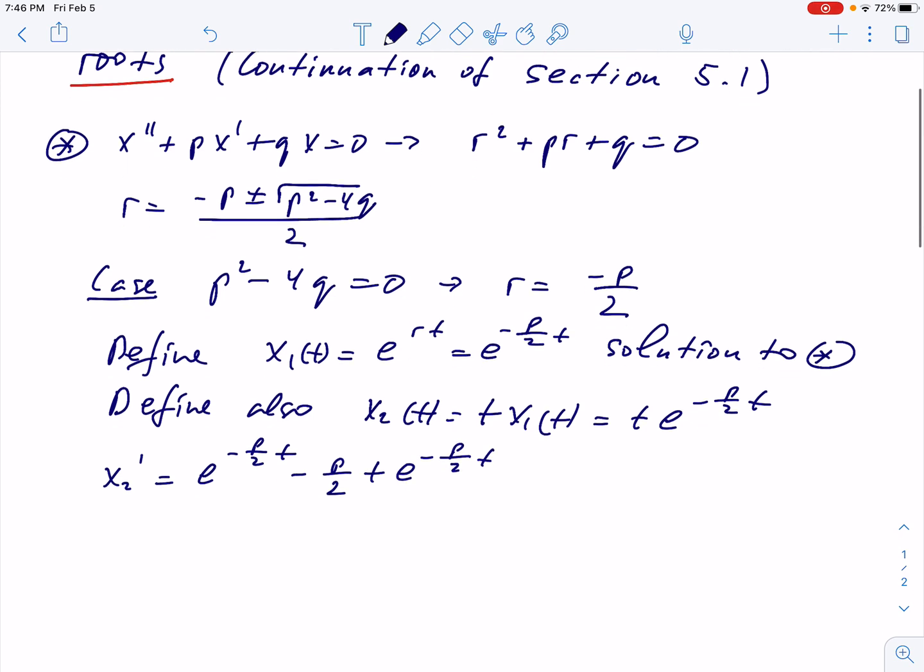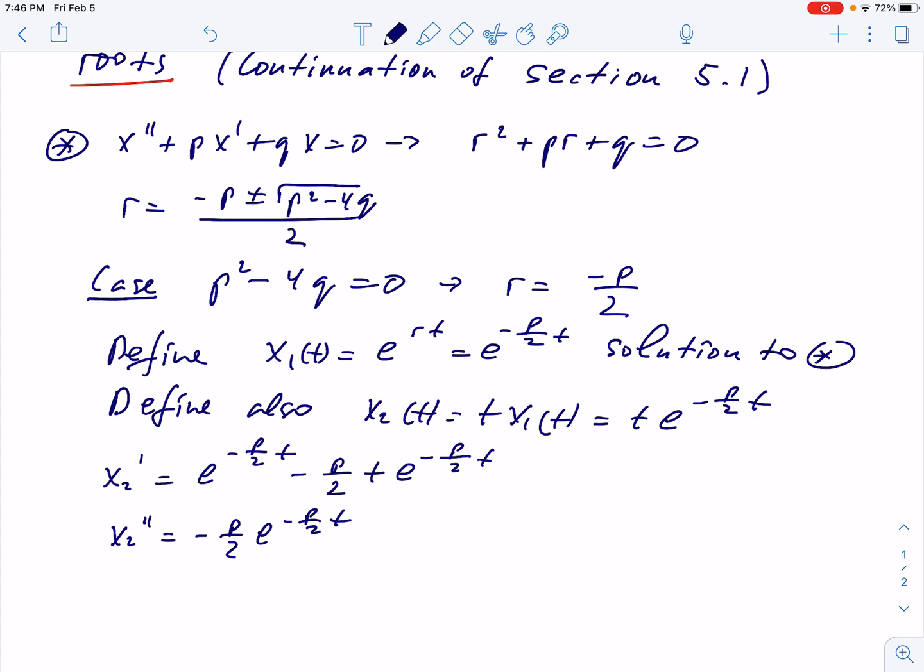This is the first derivative. Here comes the second derivative: minus p over 2, t, minus p over 2, exponential minus p over 2t.